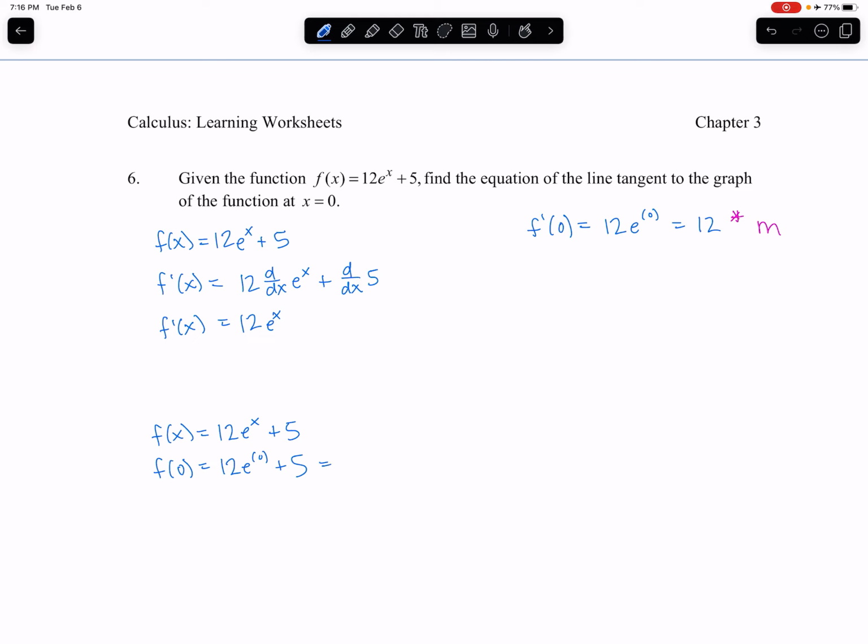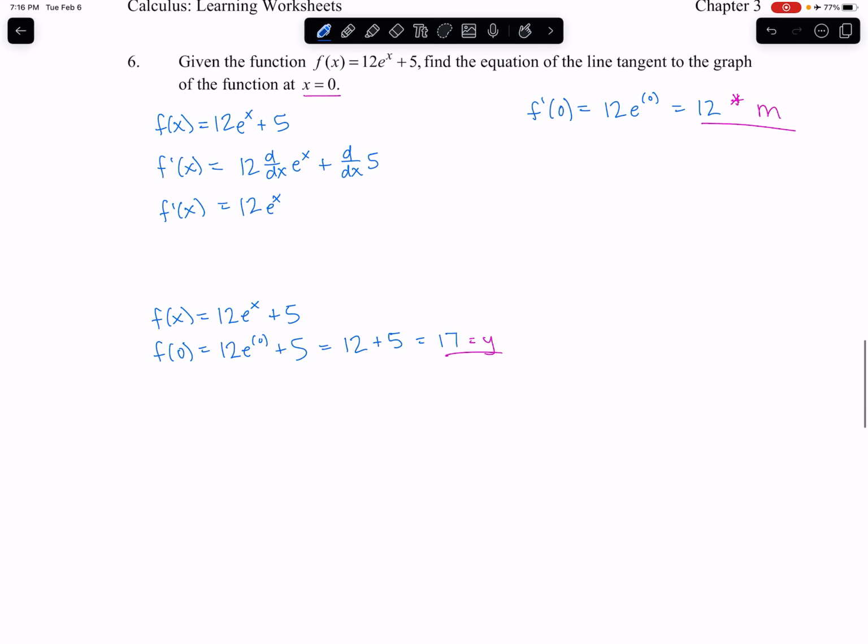Now, e to the 0 is 1, so we have 12 times 1 plus 5 gives us 17. So we have x, we have m, and we have y.